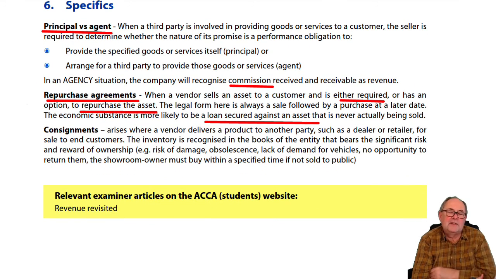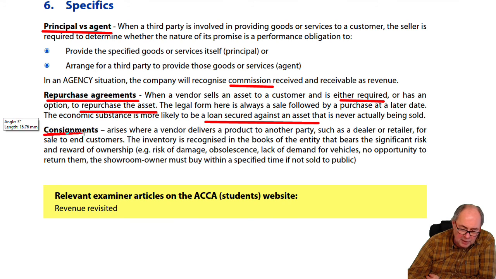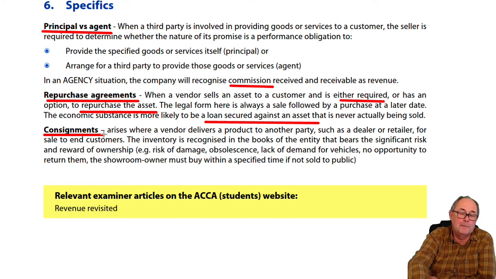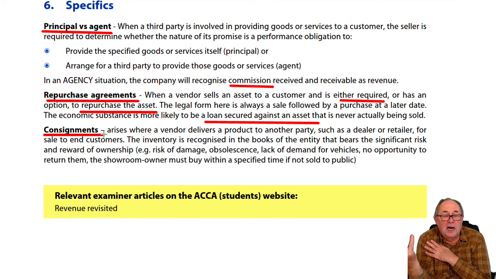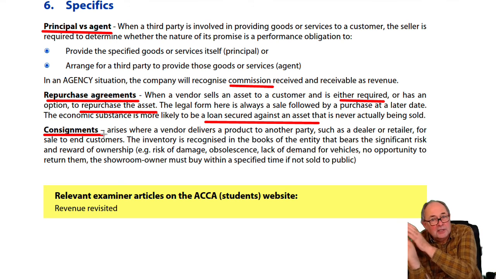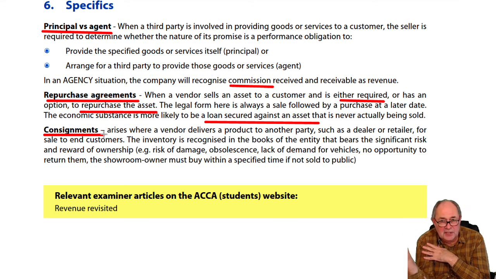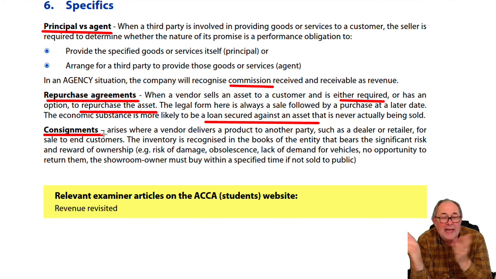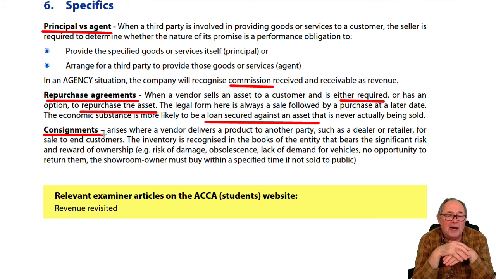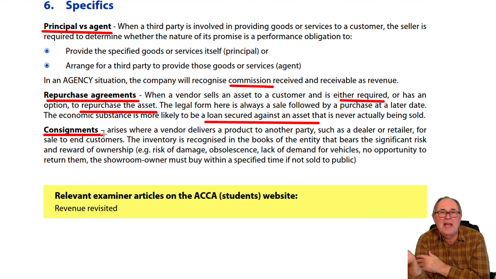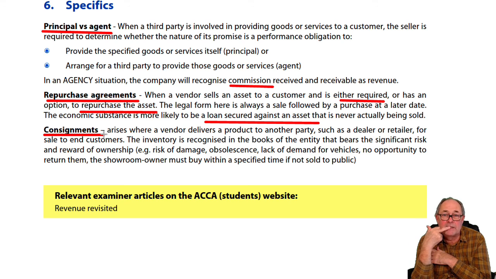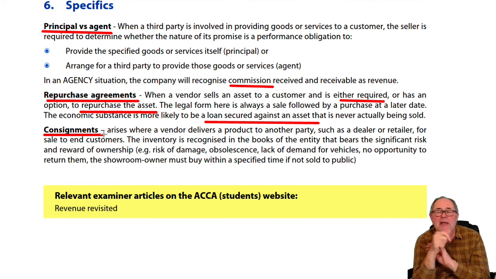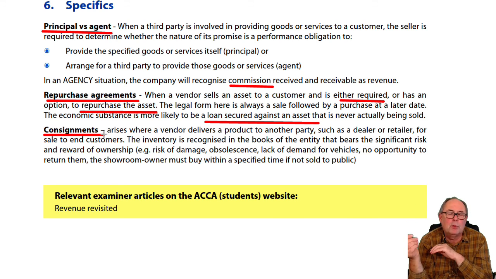A final piece of jargon to recognise, very common in the motor trade, is consignment stock. If I make cars, then the car dealer, I transfer some cars to the car dealer on consignment. He or she may or may not be required to buy them, but frequently they have the chance to send them back to me if they can't then send them to their customers. They don't have the working capital to buy all these expensive cars and then wait for a customer to wander in.